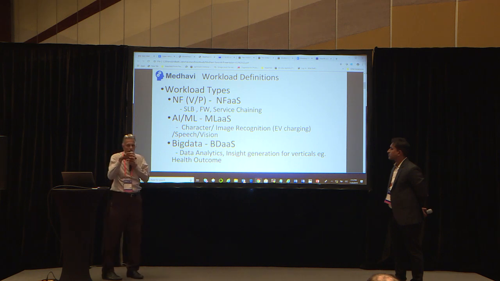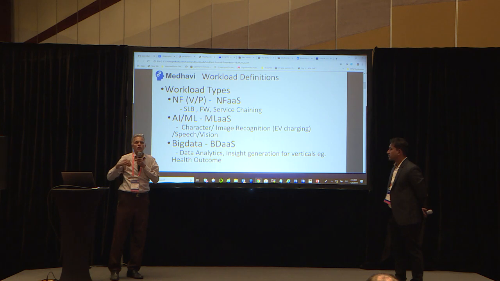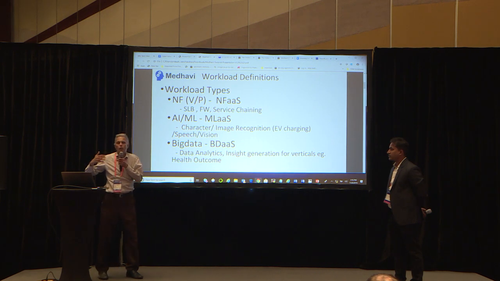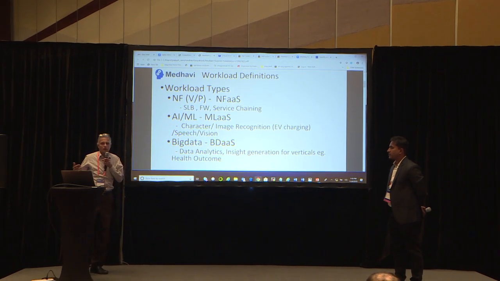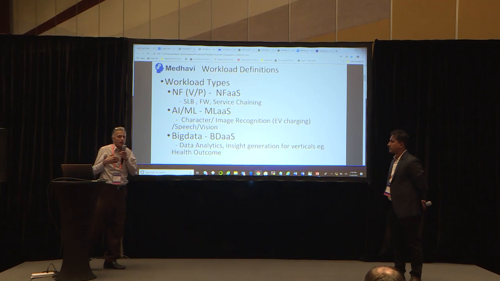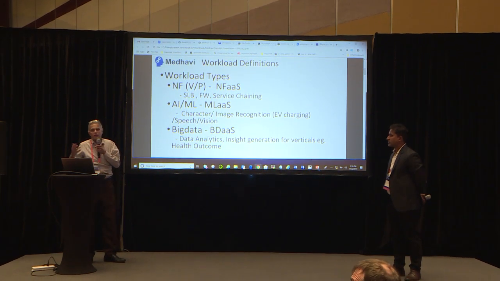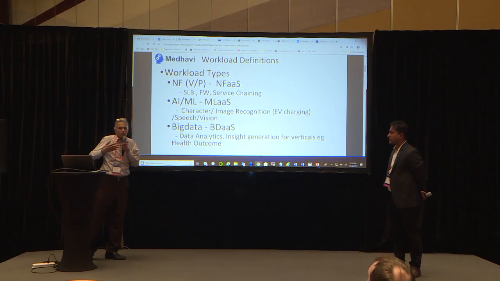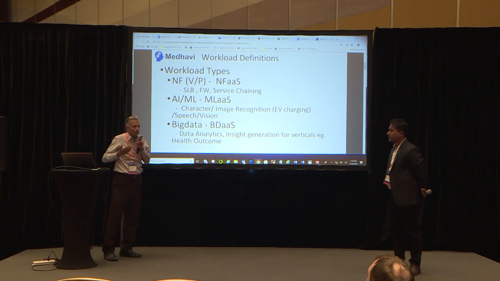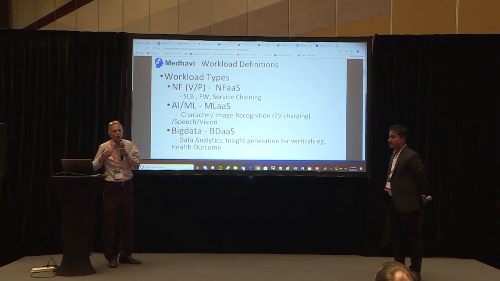Now, network function as a service is what most of the telcos want, because they have network functions which they want to deploy in volume to be able to support consumers as well as enterprises at a large scale, whether they are a tier 1 provider like AT&T or China Mobile, or tier 2 providers.